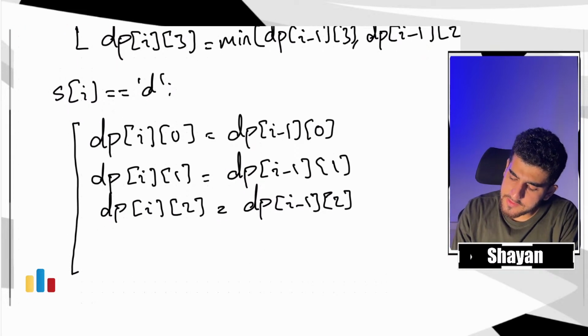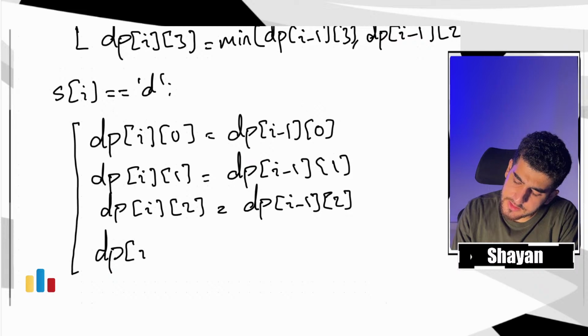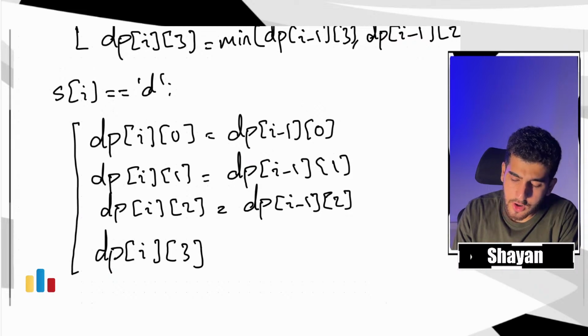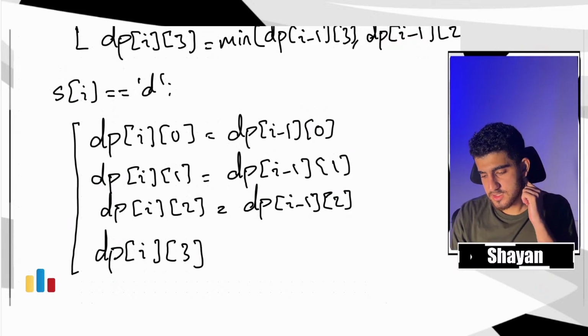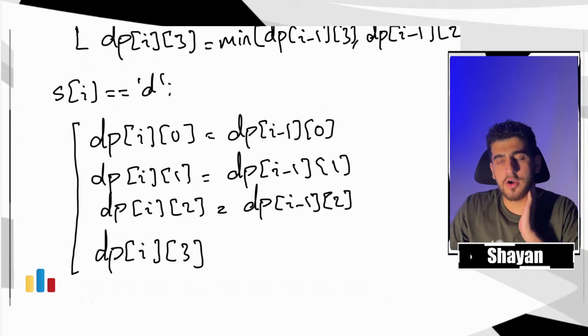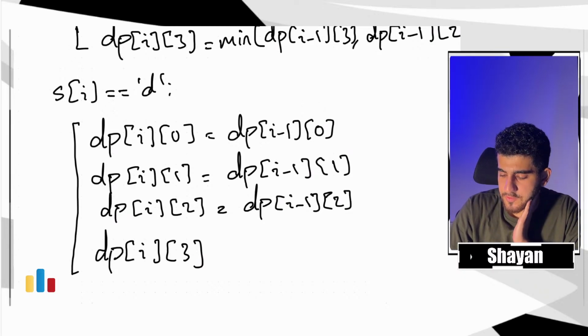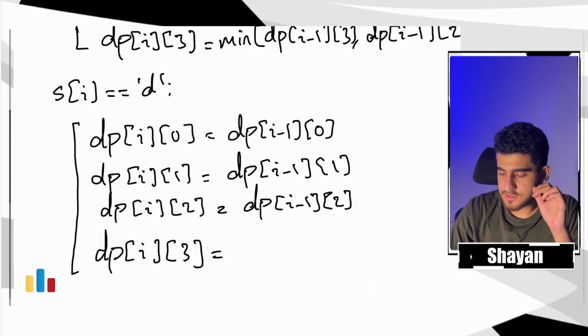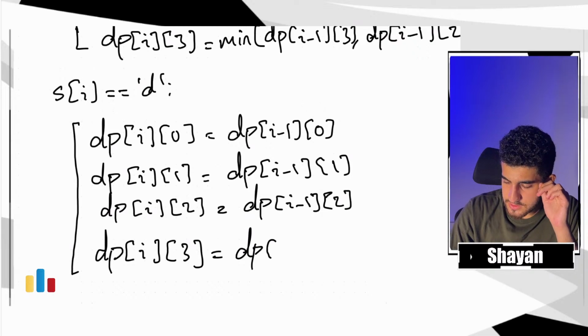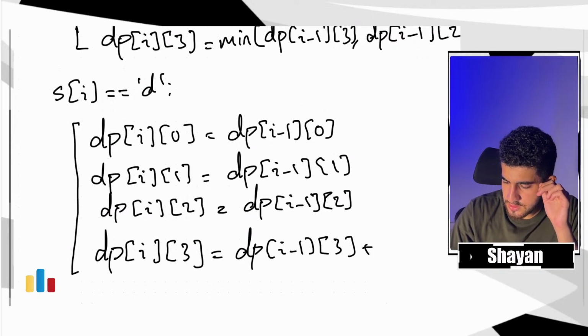Only where we have dp of i and 3, it means that H, A and R are matched. So D must be removed so that we remain at this state. So it's dp of i minus 1 and 3 plus the cost a[i].